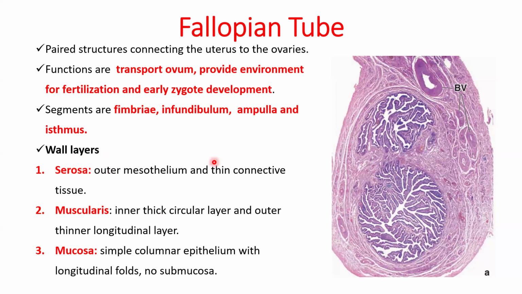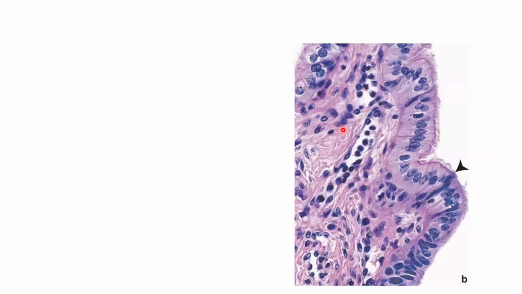Then you go to the serosa, which is the outermost layer: a layer of simple squamous epithelium, and below it a thin connective tissue. In the serosa, you'll have a few blood vessels, as you can see here. The thin connective tissue will have blood vessels and nerves at this point. The vessels will be coming from the uterine arteries and also from the ovarian arteries.